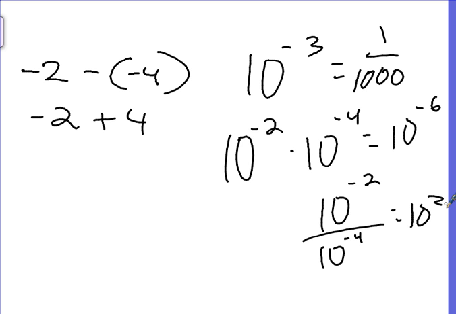So the answer for this is 10 squared, because when you're dividing, you have to subtract. And if the bottom number is negative, then you change that to adding. So we actually are adding the negative 4, which becomes positive 4, to the negative 2. So it's 10 squared. You have to be careful when you're doing those to make sure you're watching your signs.